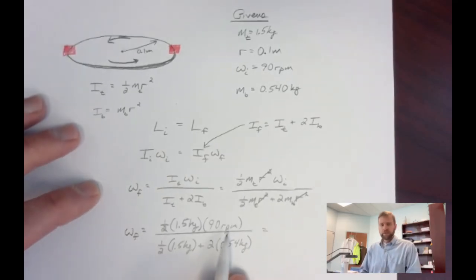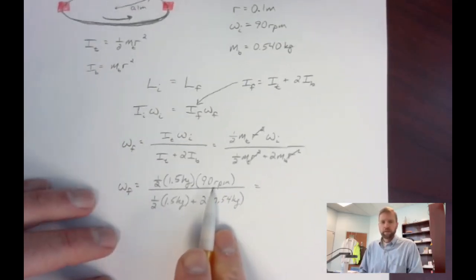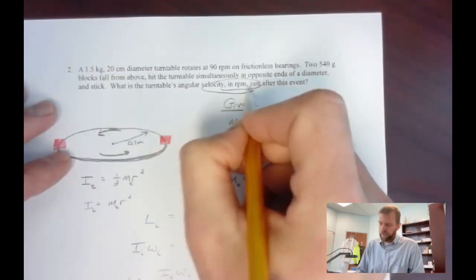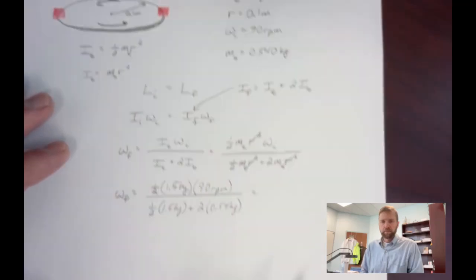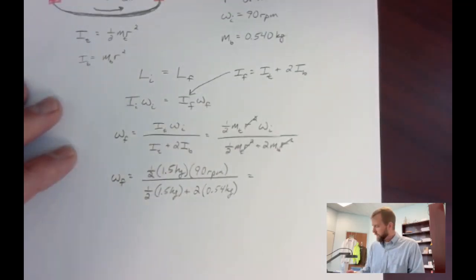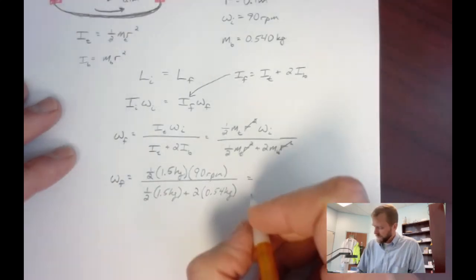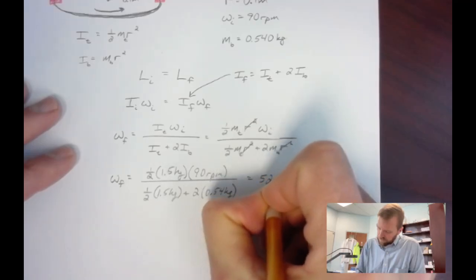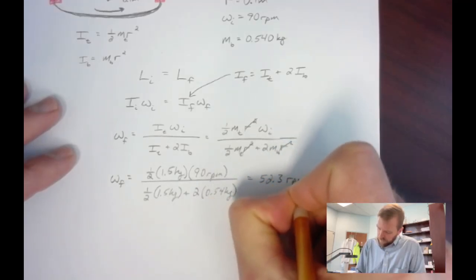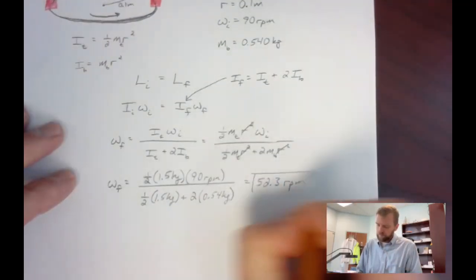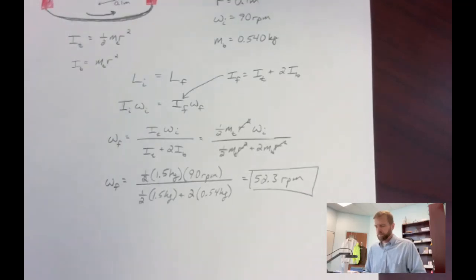Notice that we don't need to change the units of this because we're asked for the angular velocity in RPMs. So we can crunch through these numbers, and let's see, I got 52.3 RPM. Let's box that in and move on to question number 3.